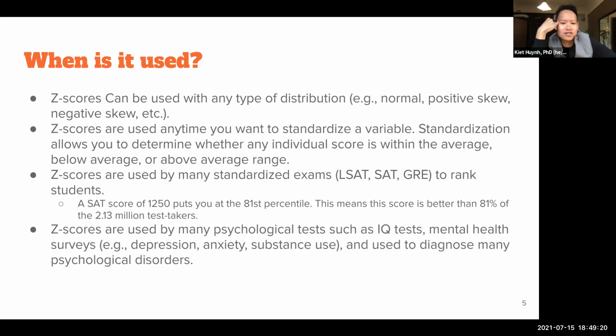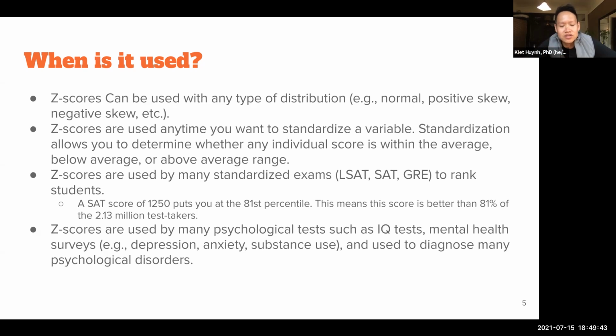And z-scores are used in a lot of real world settings. They're used in a lot of standardized tests. For example, the LSAT, SAT, GRE, the MCAT, they use z-scores to rank students. Students take the exam every year. They have their raw scores, which is just the number of questions they get right.